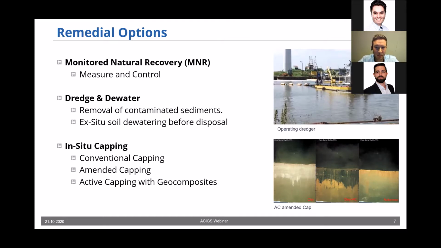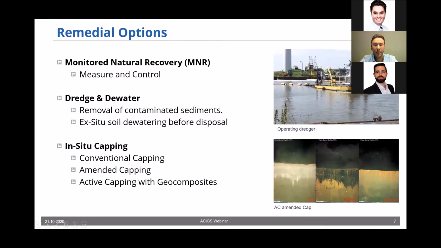In situ capping can be split into three subgroups. The first thing is a conventional cap, where we just bank up a very thick sand layer on top of the contamination in order to get a chemical isolation of the contamination. And the next thing is an amended cap, which you can see here on this picture.